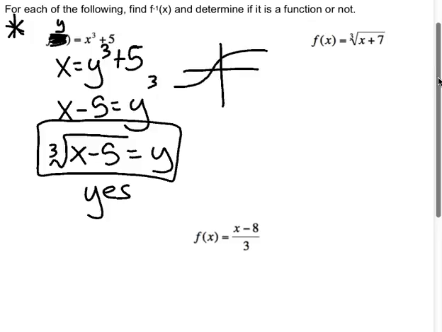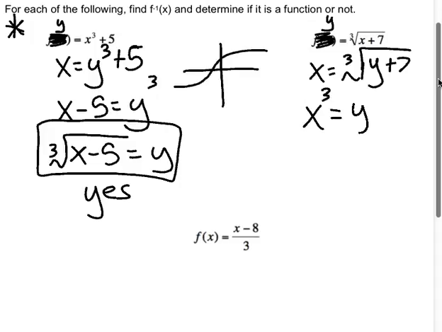So now, let's look at this next one. Remember, that is just a fancy y, and now we swap them. Oh, that should be a y plus 7. So I have to cube both sides to undo the cube root and then subtract 7.